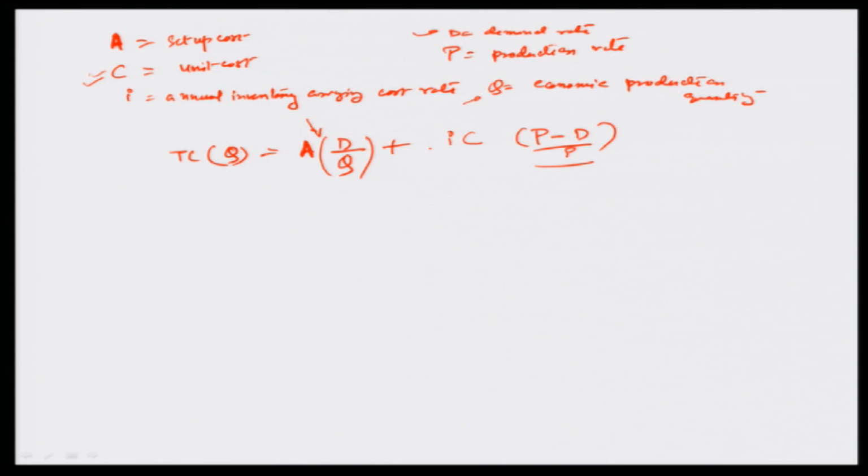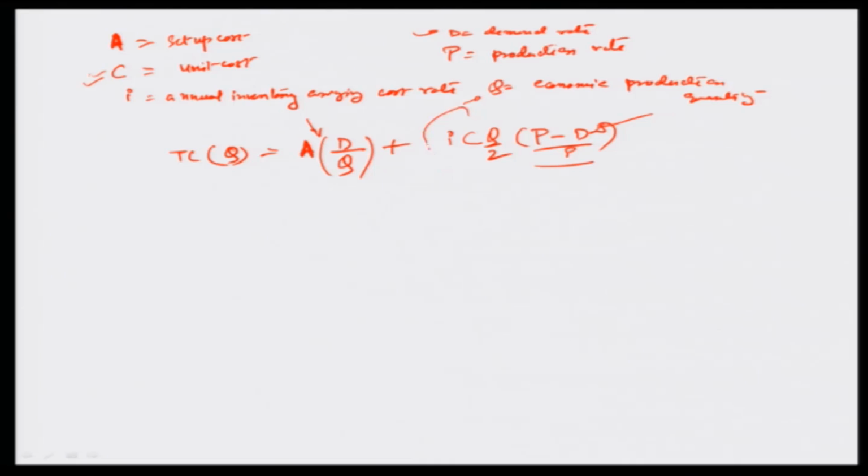So IC is that particular unit cost times the average economic quantity, which is Q by 2 in this case, times (P minus D) by P, which is the percentage of excess material as a percentage of the overall production rate. So, if P is the production rate, D is the demand rate, obviously the production is more than the demand, and so the question of holding, or inventory carrying, comes into the picture.